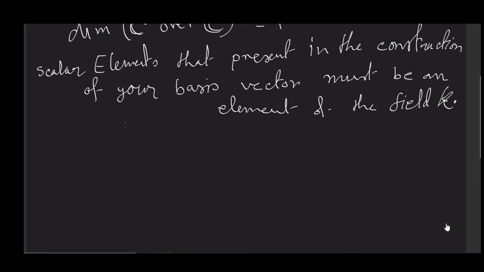Like if you consider the vector space formed by the set of real numbers over the field of rational numbers, then you will observe that it is easy to prove that the dimension of R is infinite, and when we discuss more on this, I would like to discuss all this in detail.